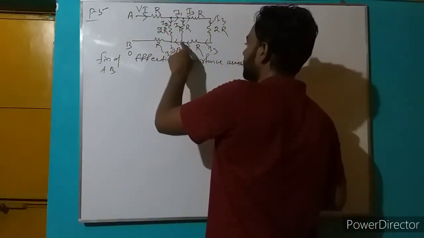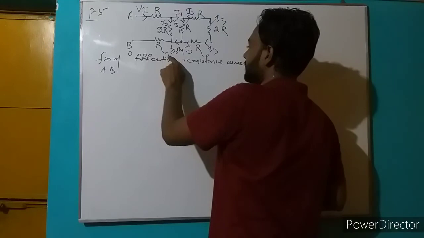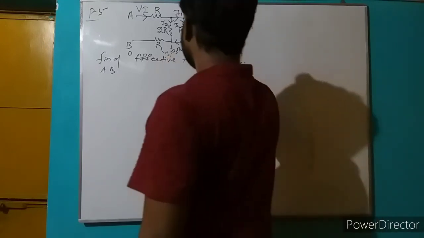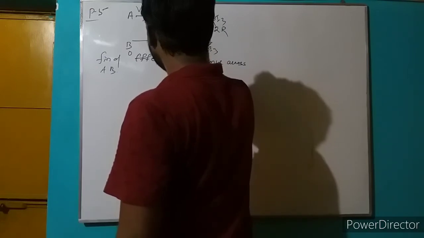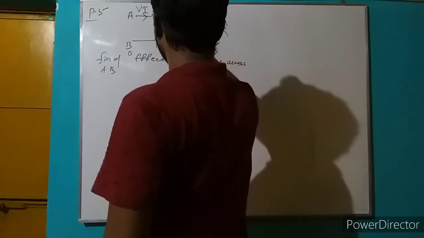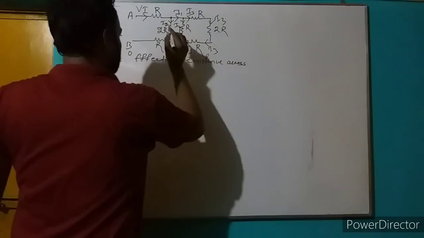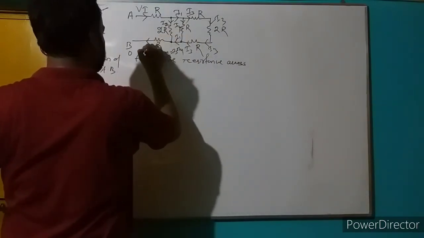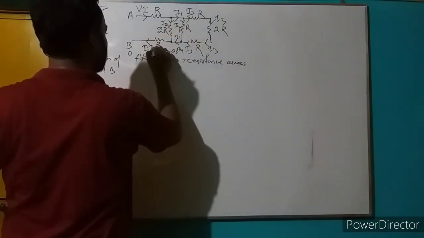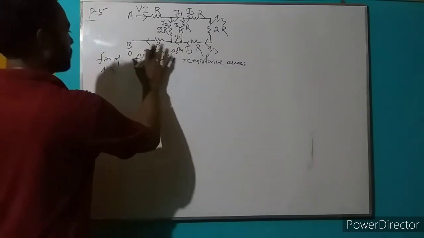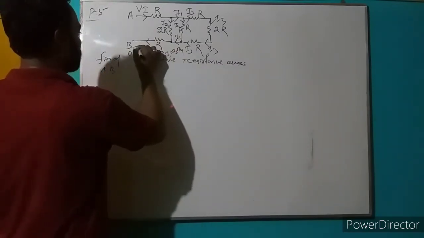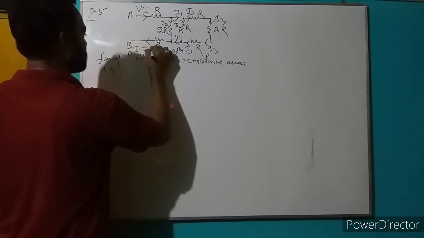That I1 current passing through that junction again meets I2, so the I current is here. So I equals I1 plus I2.